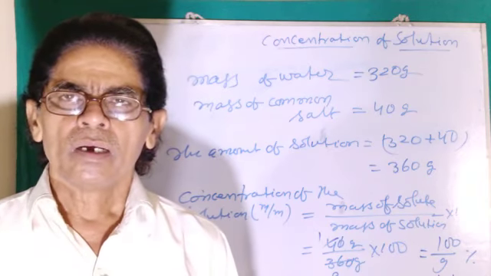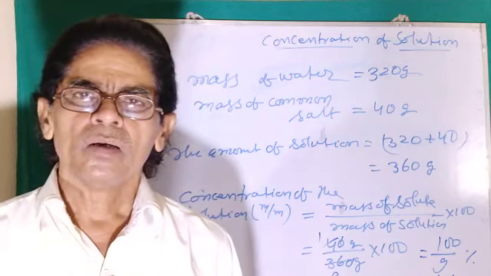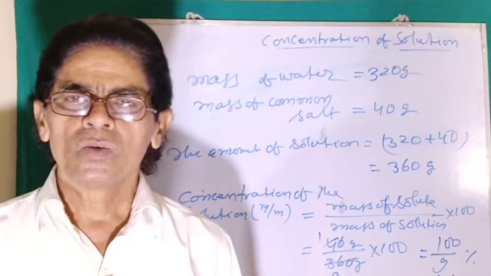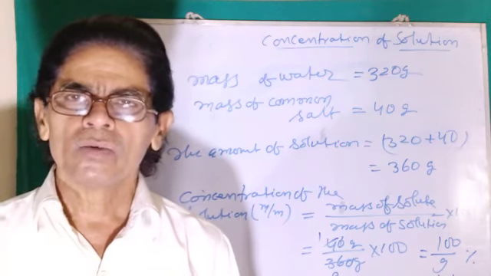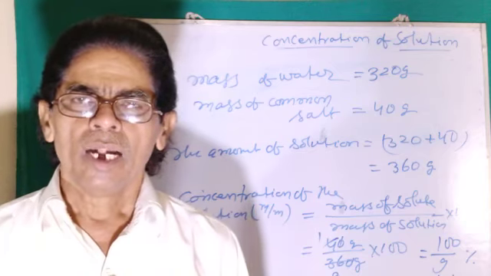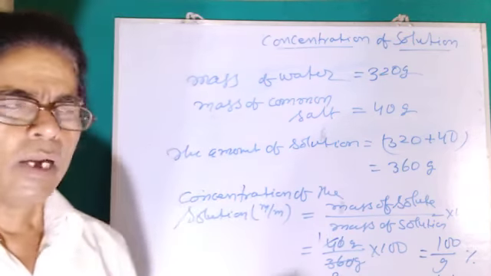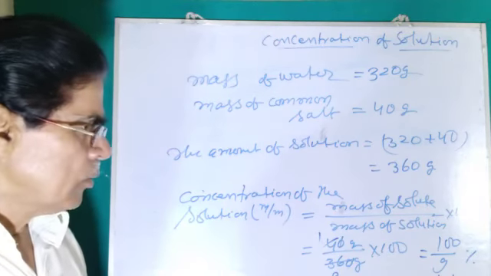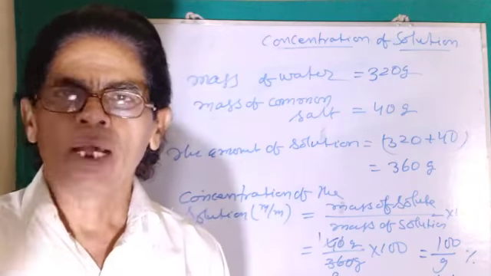When current is passed through the solution, it is called electrophoresis. So these are the different features of the colloidal solutions and suspension. Later we will study more about the rest of the things left in this chapter. Thank you very much.